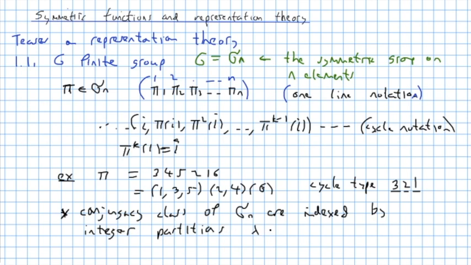These are sequences of integers that are weakly decreasing, like this one. And we'll review how many permutations have a given cycle type.